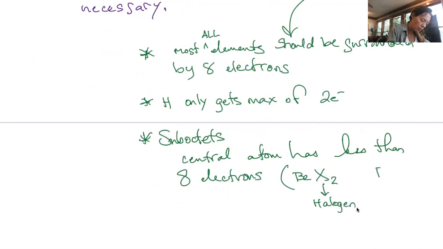And your BH3. You will see that you have sub-octets there, okay? And to be honest with you, I can't think of another one. But recognize that those guys, you don't need to be forming multiple bonds. They can't handle the multiple bonds. They're too small for that as well.